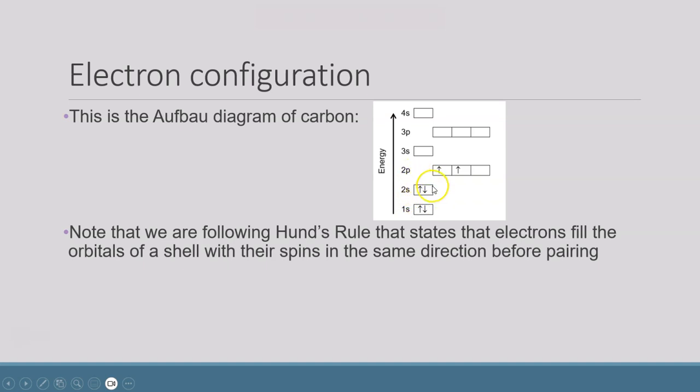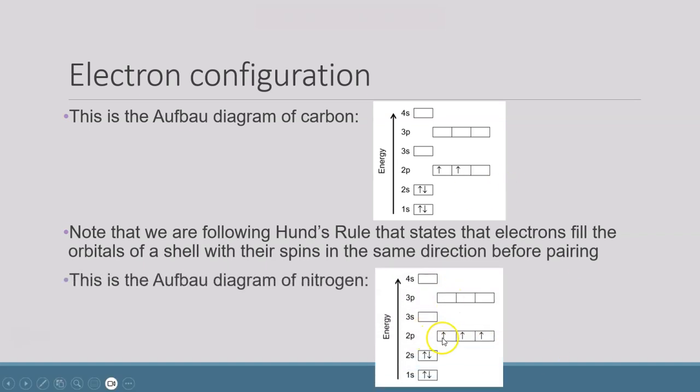Now that the s shell in the 2nd energy level has been used up, the next electron goes into the p shell, but the one after doesn't go into the same orbital. It goes into the next p orbital in the same direction. So both of them are up-facing arrows. And again, they're going to do that before pairing in order to minimize repulsion.